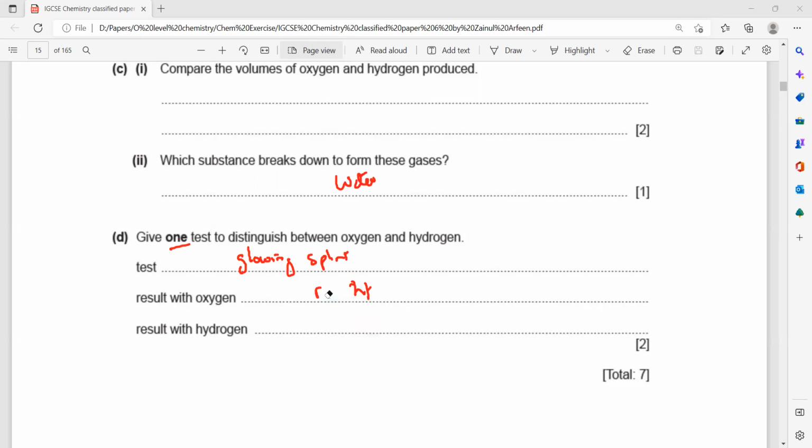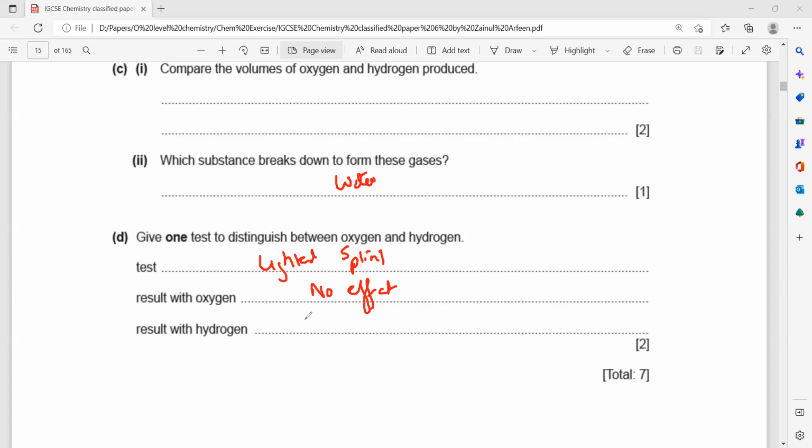And if you write a lighted splint, what will happen? Even no effect is acceptable, because a lighted splint is a test for hydrogen.